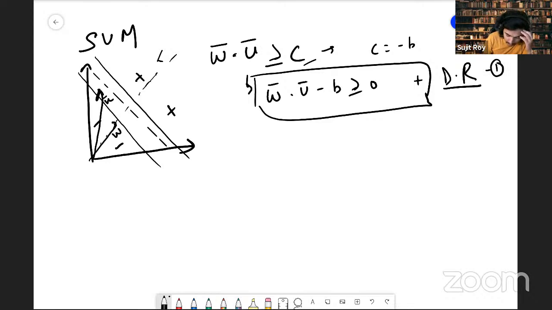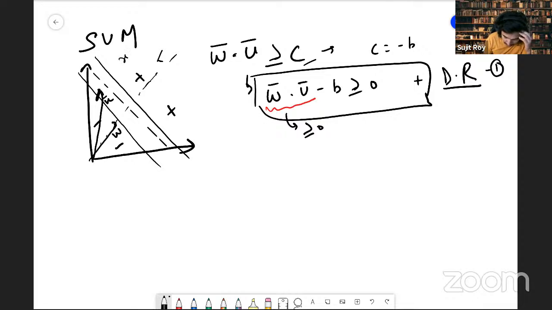Now we're trying to look at this quantity here, which we are trying to work at. So this quantity is greater than or equal to 0. So also if I look at a positive sample, let's say that this is some sample X here.